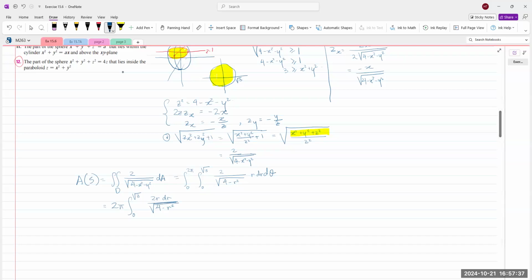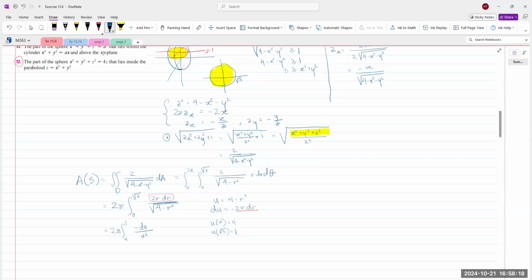Now I use the substitution u equals 4 minus r squared, so du equals negative 2r dr. u at 0 is 4, u at radical 3 is 1. And my 2r dr will be substituted by negative du, right? 2 pi integral from 4 to 1 of negative du over u to the power of 1/2.